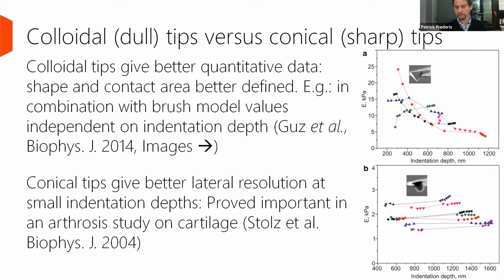But with a very sharp tip, with which he could actually push between the hard fibers into the softer material, he did see an effect of the beginning stages of arthrosis, which he was not able to see with the colloidal tips. So there perhaps the absolute value is less quantitative than with the colloidal probes, but with the colloidal probes he was not able to get the data because the resolution was lacking.